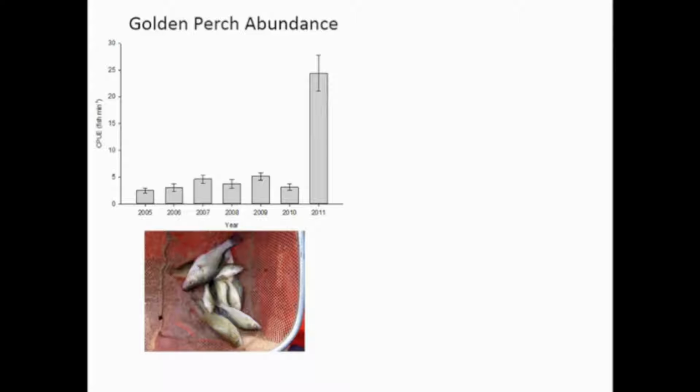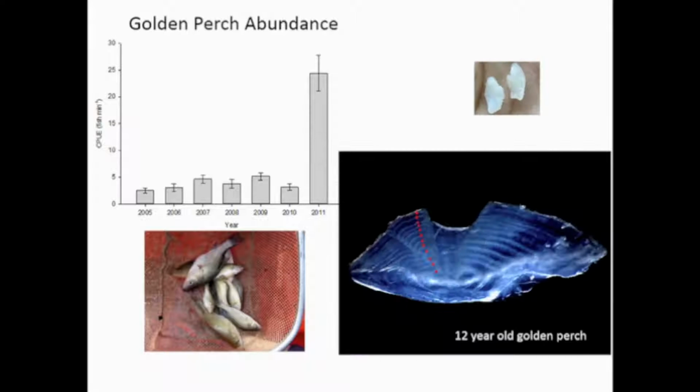The investigation of golden perch does show a 5 to 6-fold increase in abundance after the flood event, and there's an increase in catch per unit effort. We analyzed the otoliths to age the fish. This transverse section of an otolith shows a 12-year-old golden perch.